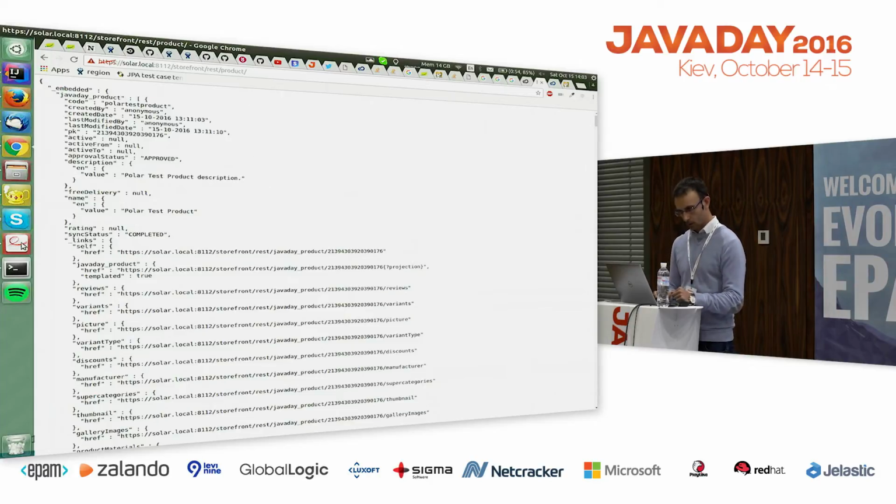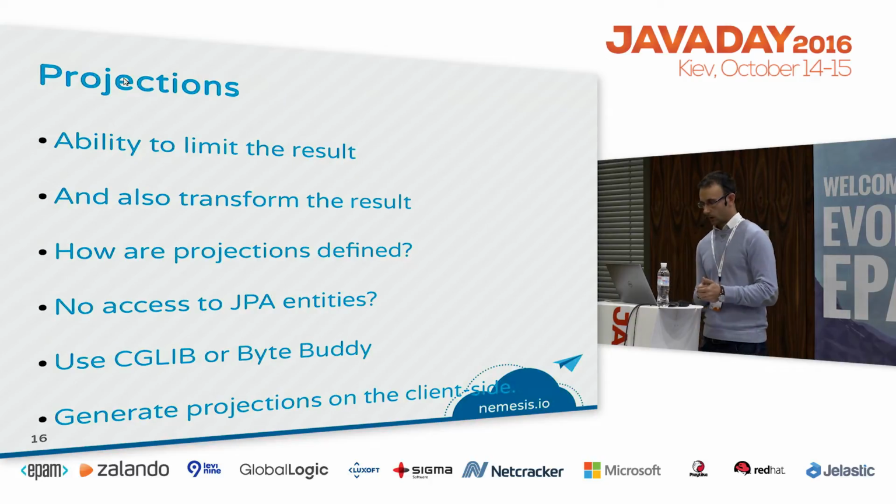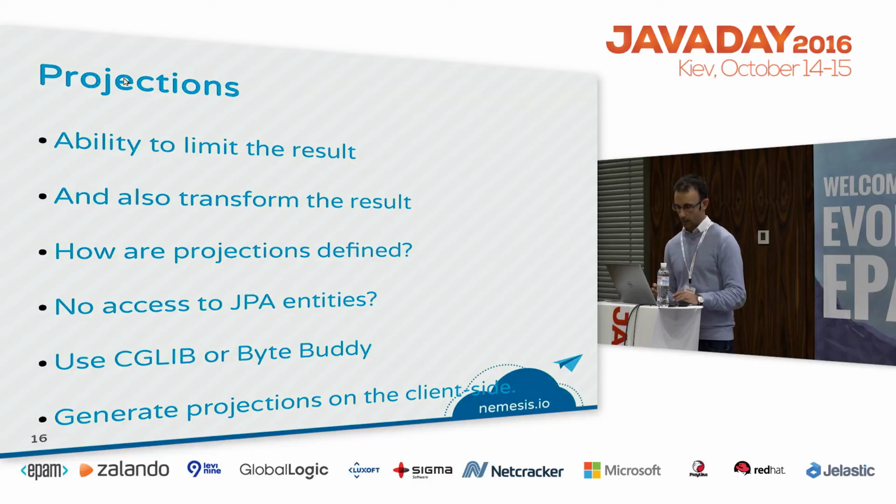So what you can do is play a little bit with projections, which are the Spring Data way that allows you to limit the results that you get, and also to transform the result that you get. A projection is pretty much an interface that defines the getters of the fields that you want to get.